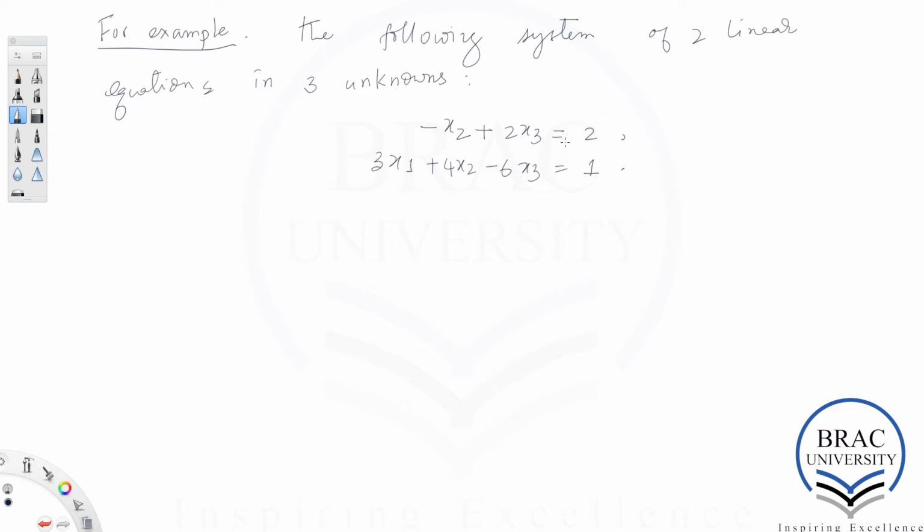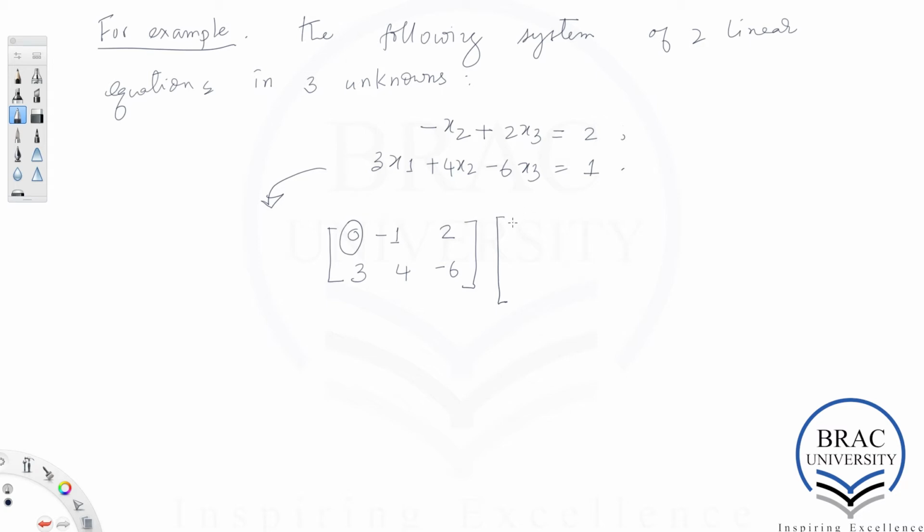So the matrix equation of this system reads: 0, minus 1, 2, 3, 4, minus 6. This is the matrix of coefficients corresponding to this system, and there are three unknowns. I place 0 here because the coefficient of x1 is 0 in the first equation.